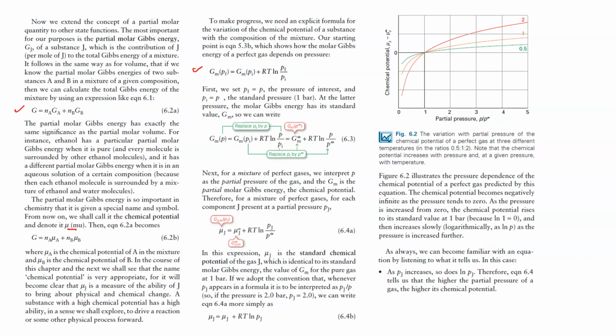At the latter pressure, the molar Gibbs energy has its standard value, which makes sense, it's 1 bar, G sub m standard. So we can write the following.